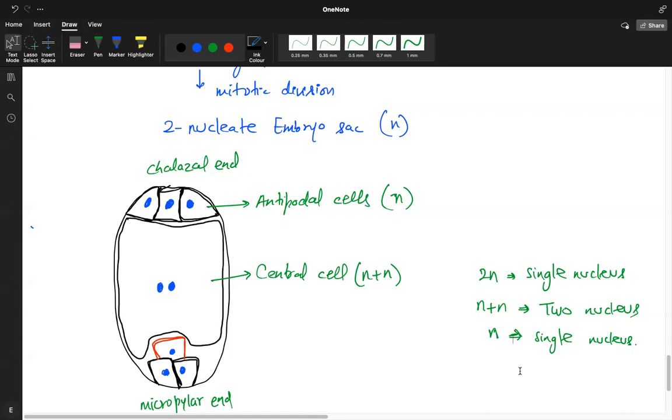But you have to understand, if I'm writing n plus n separately, I'm differentiating that there are 2 nuclei, each with their own boundary and just a single copy of the genome in it. 2n and n mean a single nucleus. Here there are 2 copies and here there is a single copy. Here there are 2 nuclei with a single copy. So whenever they ask you to write the ploidy of the central cell, the right option will be n plus n, neither n nor 2n. Okay, is it clear?